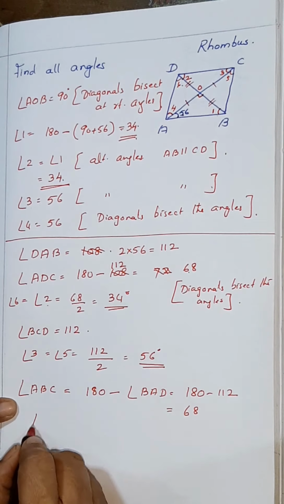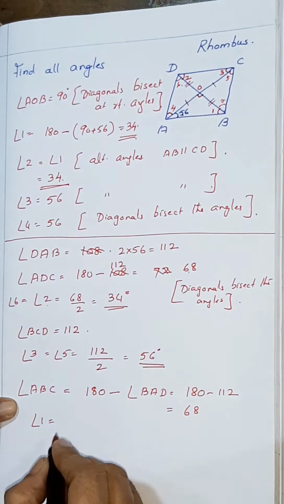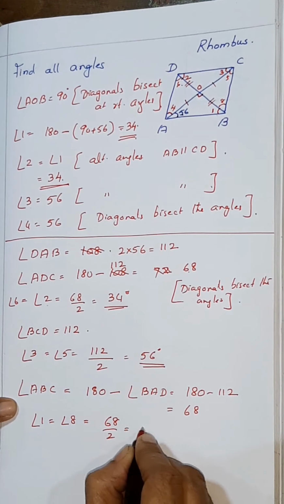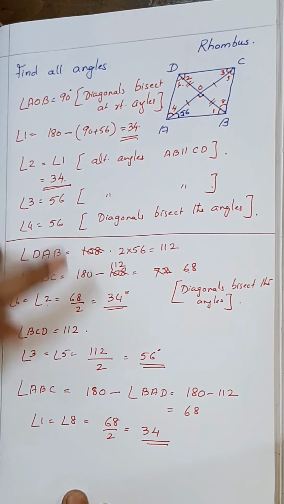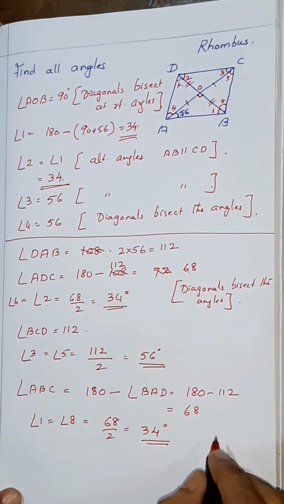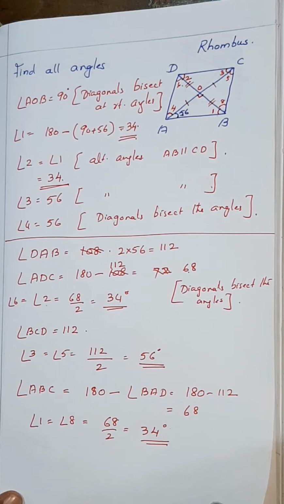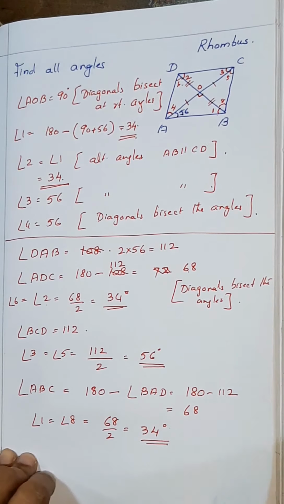So angle 1 is equal to angle 8 is equal to 68 by 2 is equal to 34. Here also we got angle 1 is equal to 34. So this same property we are using everywhere. So you can use either of the methods, whichever is easy and comfortable for you.